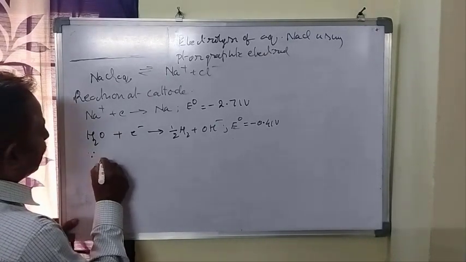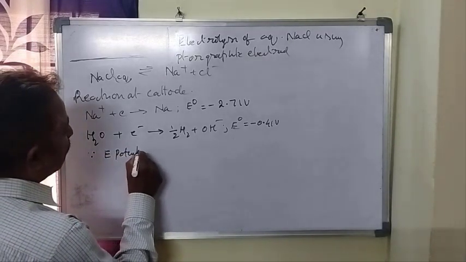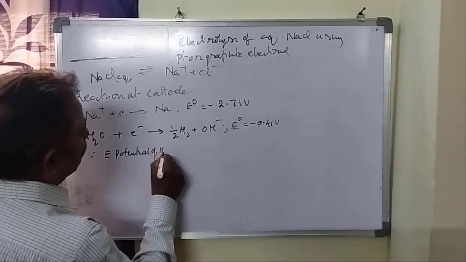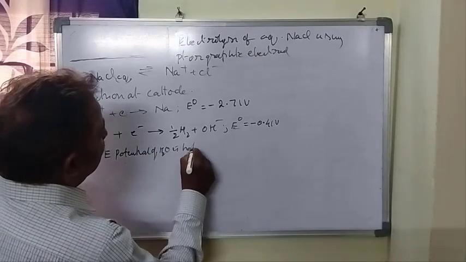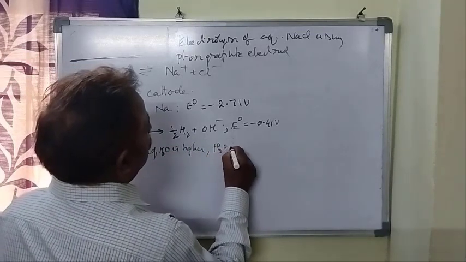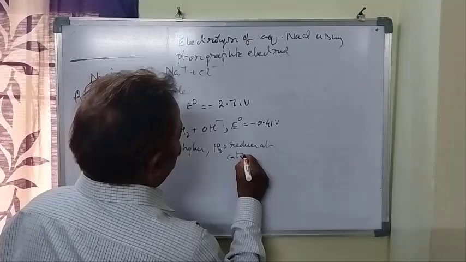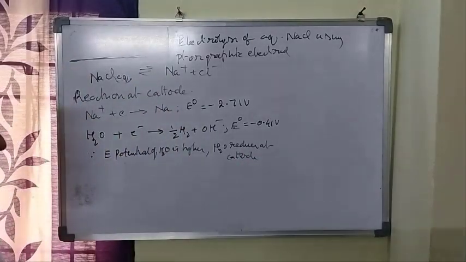Therefore, since the electrode potential of water is higher, water reduces at the cathode. Therefore, sodium ions are left in the solution itself.